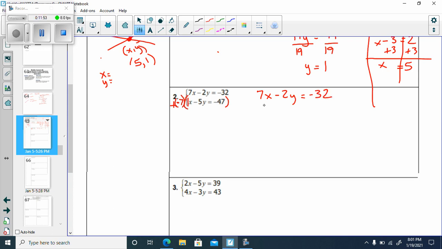Negative 7 times 1x, see, we're adding these, let's not forget. Negative 7 times 1x is negative 7x. Negative 7 times negative 5 is positive 35. Negative 7 times negative 47, okay? Grab your calculator.